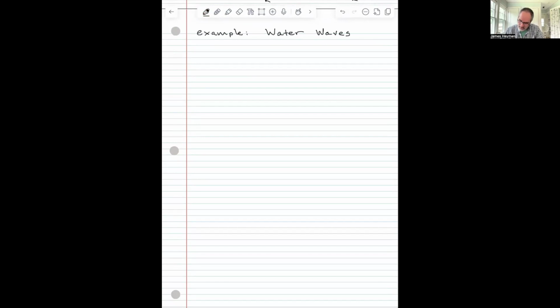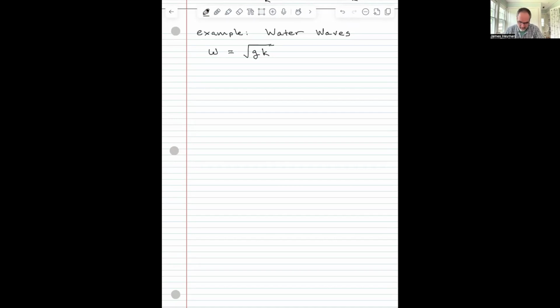Okay? For waves moving through deep water, it turns out that the relationship between omega and k looks like this. Omega is equal to the square root of g, the acceleration of gravity, times k. Okay? So the speed of water waves depends on their wavelength, and we can express that relationship here.